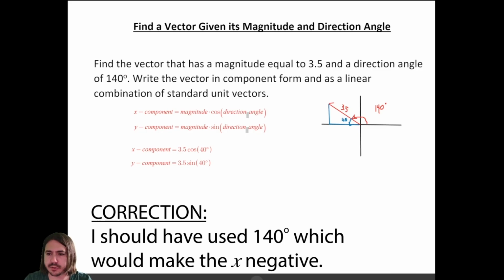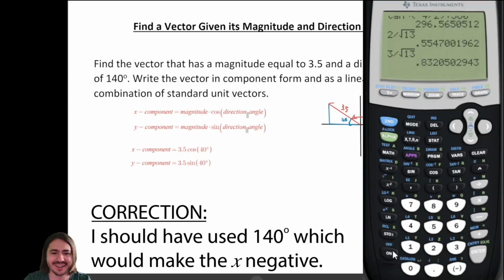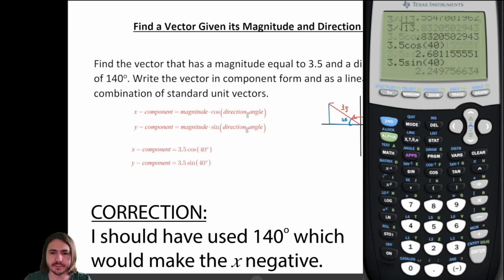Okay, so we're going to use our calculator to calculate. What else would we use it for? I'm pretty sure I'm still in degrees here. Yep. 3.5 times the cosine of 40 degrees. And then I've got 3.5 times the sine of 40 degrees.